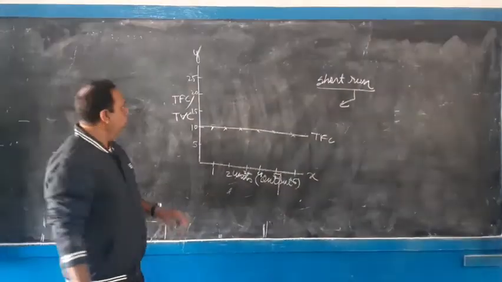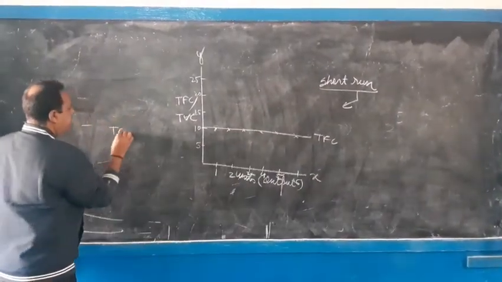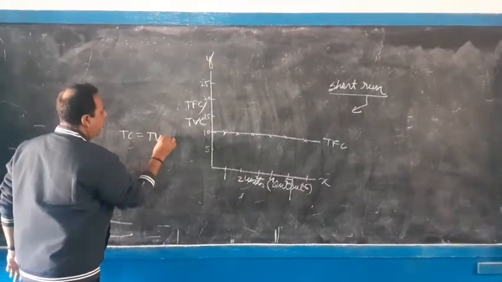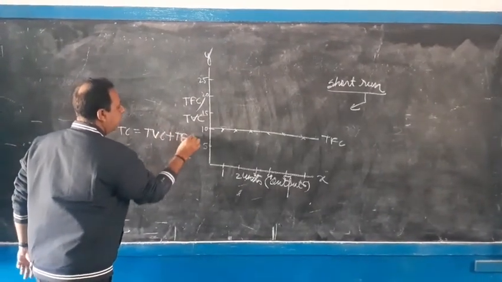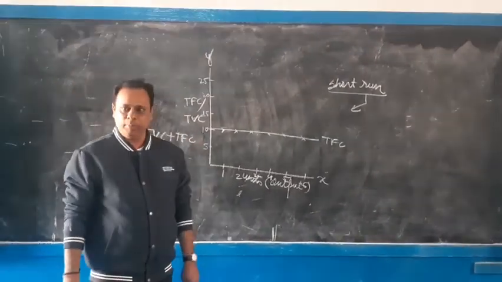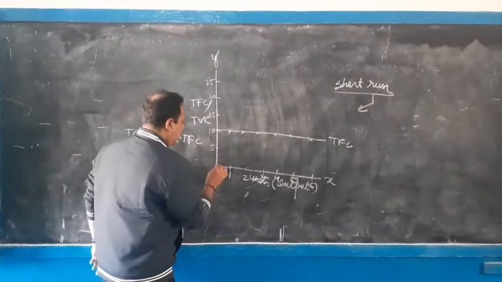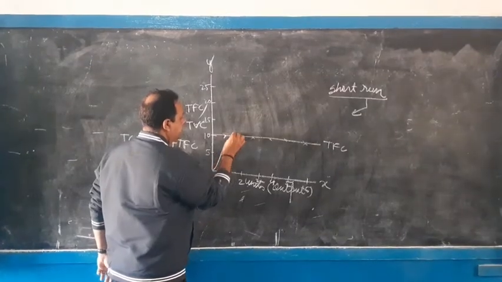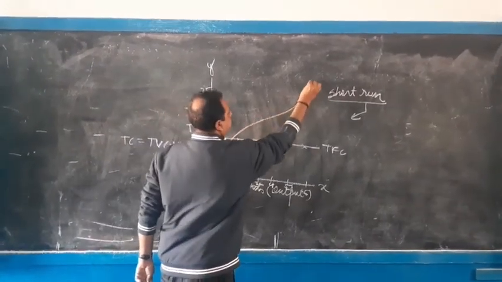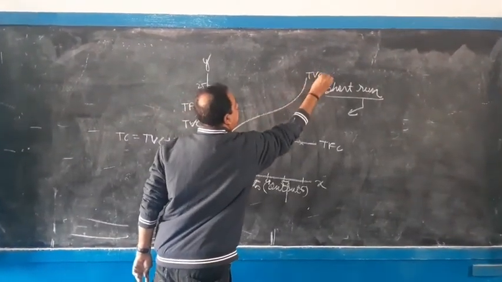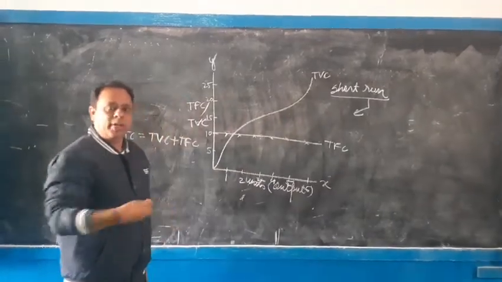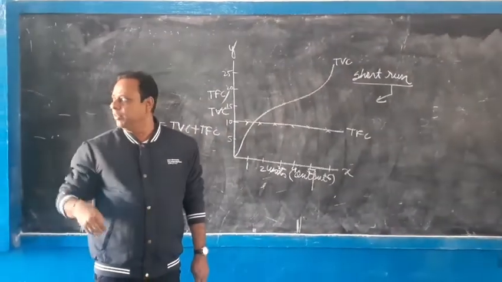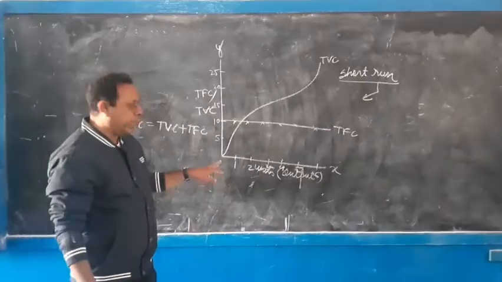Understood? Now we know that total cost is the sum of total variable cost and total fixed cost. This is our total variable cost. It can start from zero because the raw material we have to purchase, we are giving the money to the outsiders. It can start from zero.